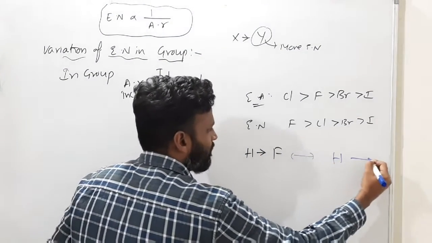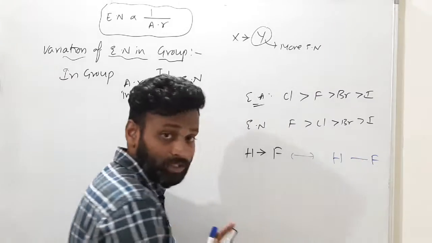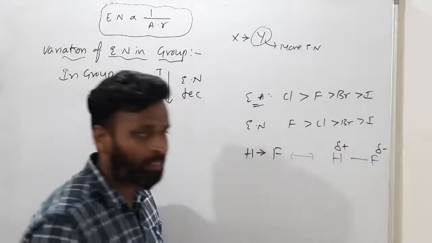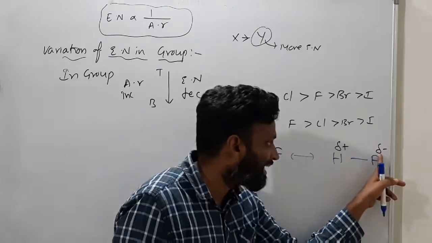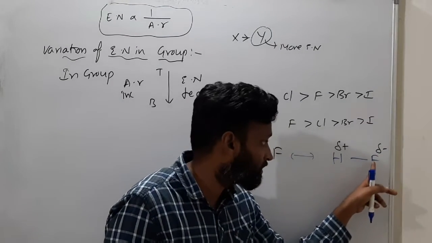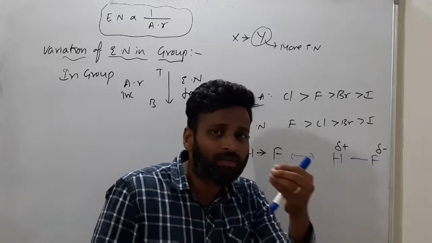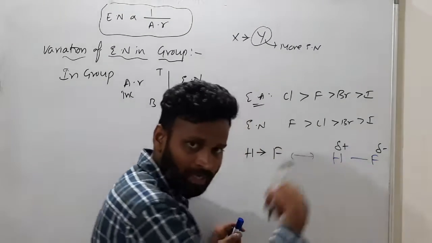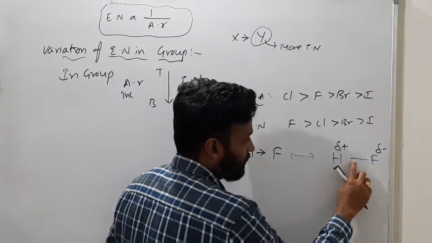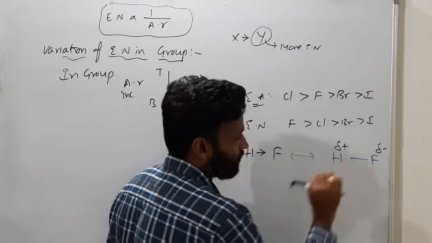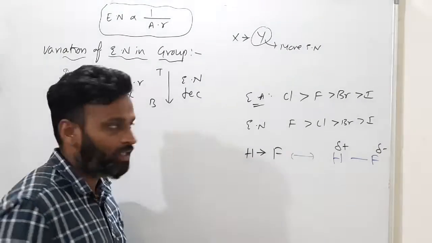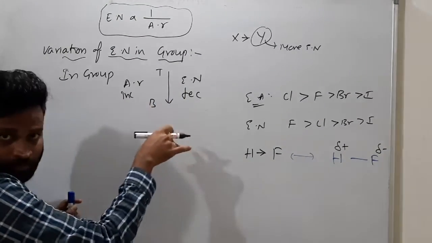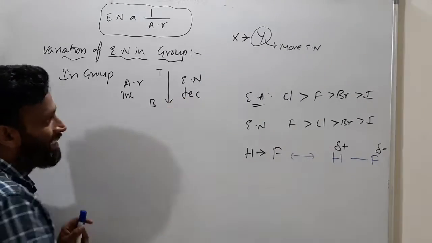The fluorine has a partial negative charge and the hydrogen has a partial positive. This we call delta. Delta minus means fluorine got a slight negative charge because of its very small size and more attractive tendency for the electron pair. So the pair slightly moves towards fluorine. Understood?